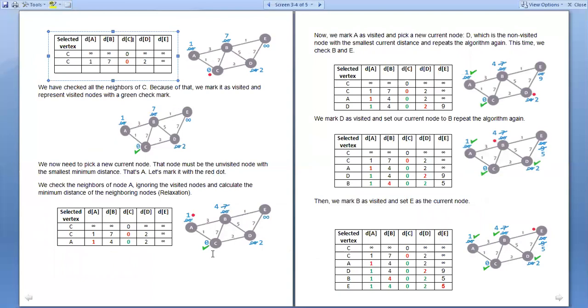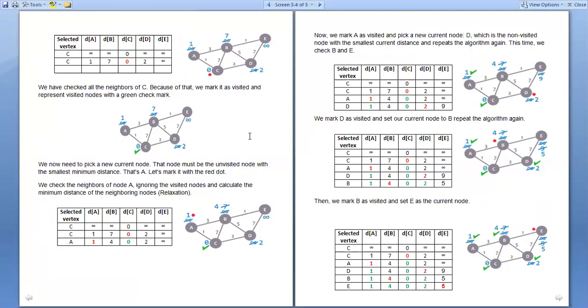That means the initial value was infinity, and the current node C has relaxed the neighboring nodes. The current distance from C to A is 1, C to B is 7, C to D is 2. Now we have to check all the neighbors of C, because we have to find the smallest distance among these three.